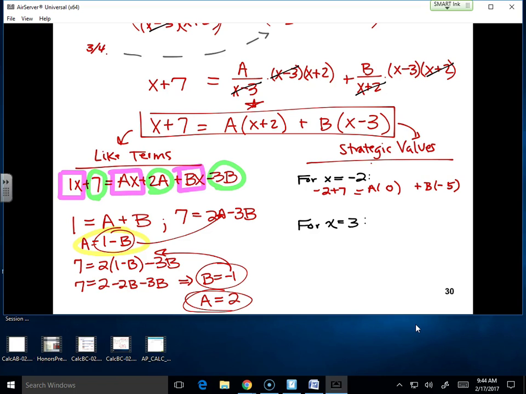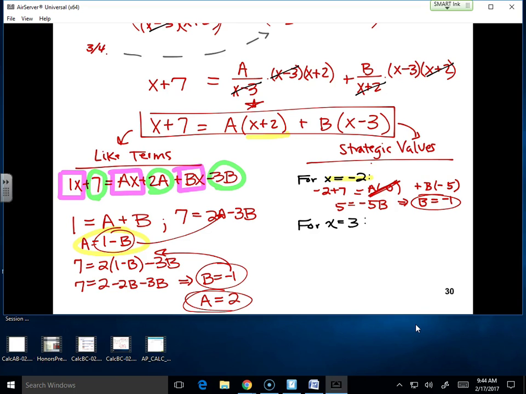What happens over here? 0. So hold on, 5 equals negative 5B? Yep. So B equals negative 1? That's kind of spiffy. If I plug in a 0 of my factor up above for my strategic value, things simplify quite nicely.